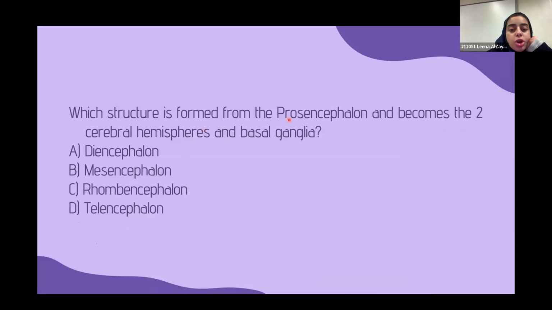Which of the following structures are formed from the prosencephalon and becomes the two cerebral hemispheres and the basal ganglia? Mesencephalon. Let's have another try.